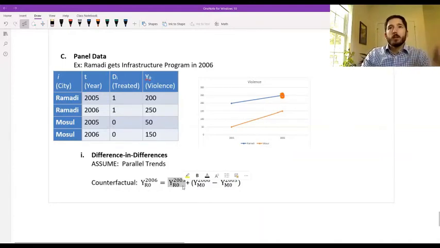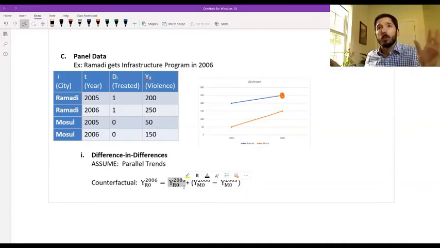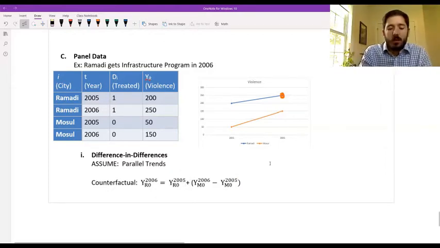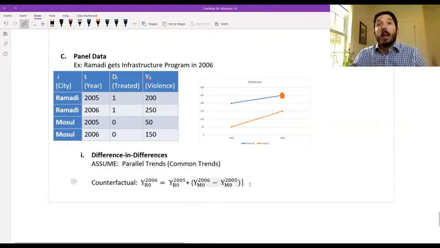So we're taking Ramadi and then we're adding on the trend from Mosul because we're making this assumption that they've got these common trends, parallel or also called common trends. Okay, so that's our counterfactual. That's how we build this counterfactual.